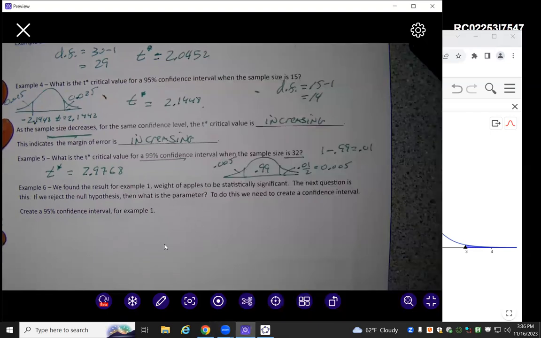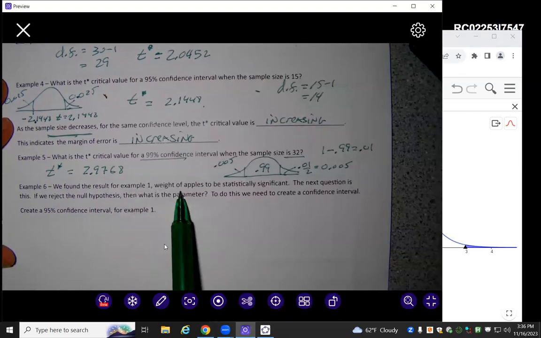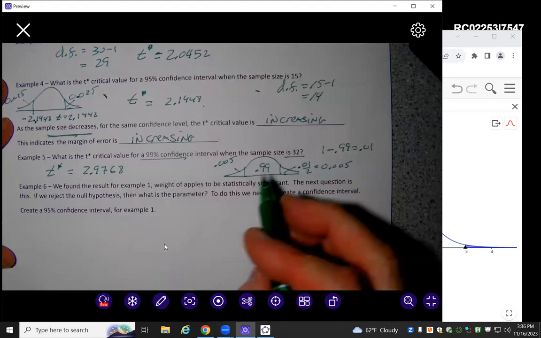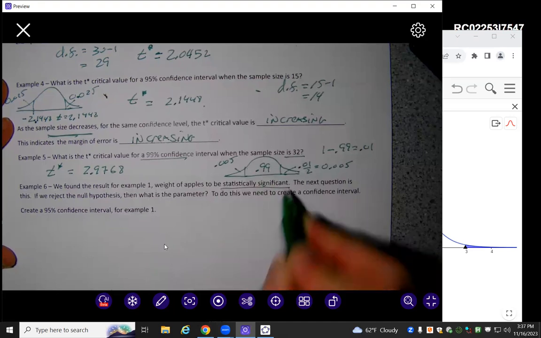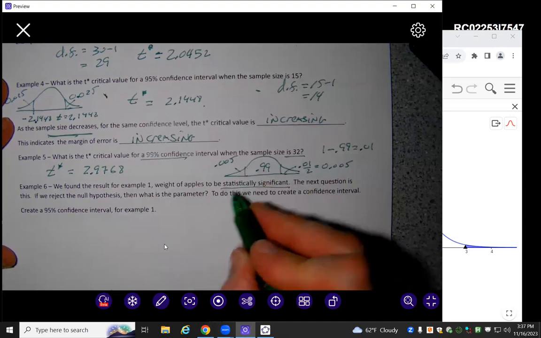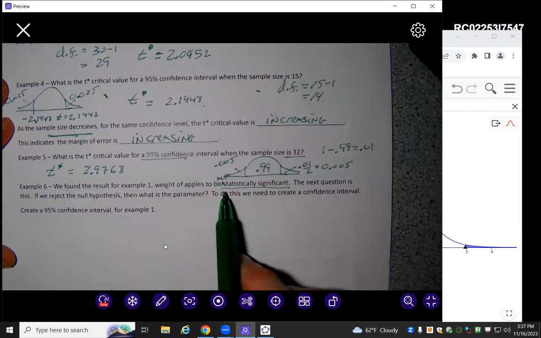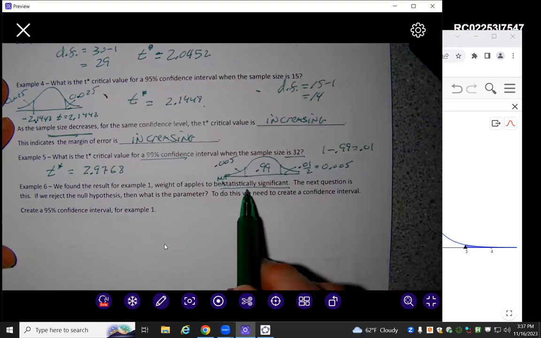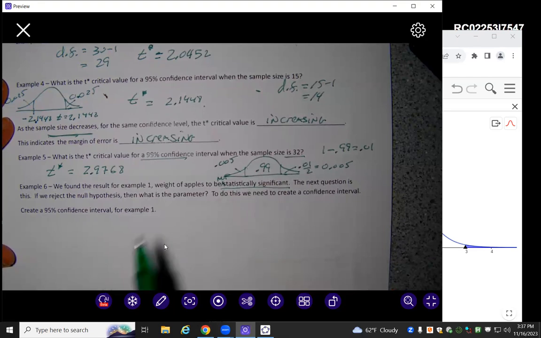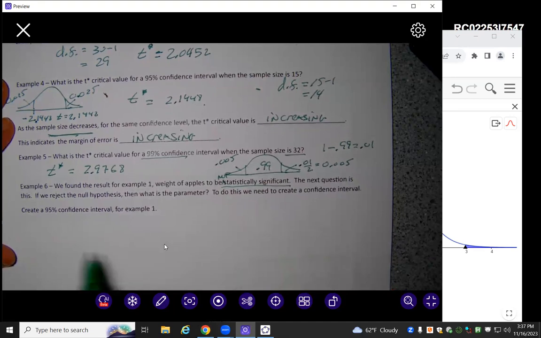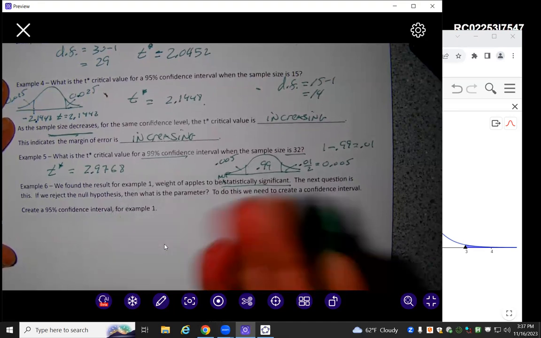We found the result, for example 1, the weight of apples to be statistically, no, actually, we did not find it significant. That's an error. For the hypothesis we had, but it's probably statistically significant for the question we didn't ask. So the next question is, if we reject a null hypothesis, let's say we did it the other side.